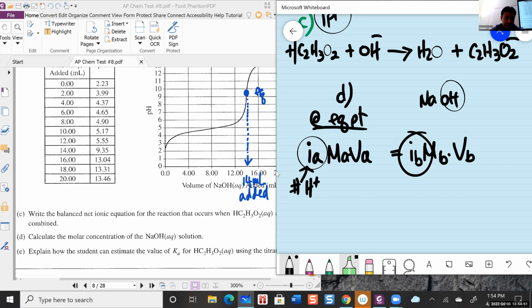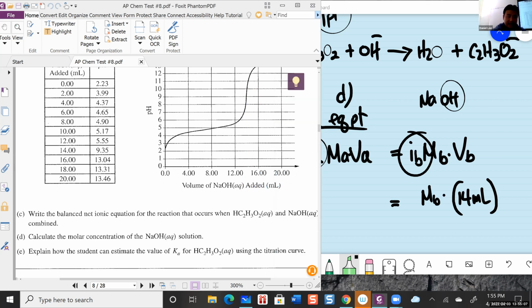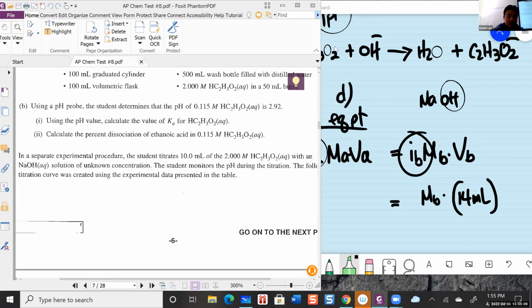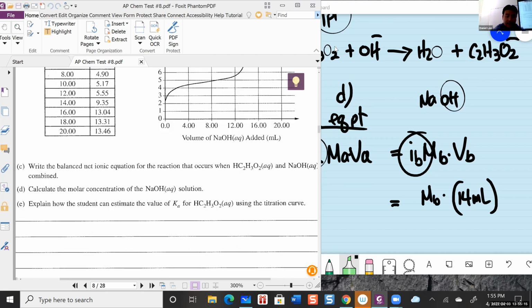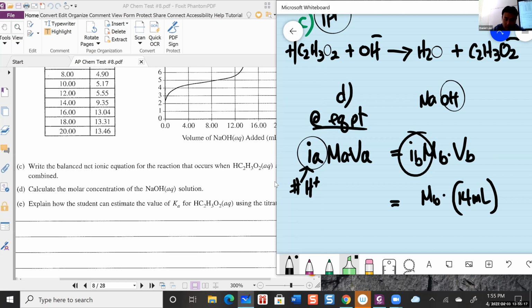So I'm just going to plug it in, right? The question tells me from the chart, I've added 14 mL of the base to become equivalent. What would be the molarity of the sodium hydroxide, right? And my acid, now I'm going to look at my acid portion. The acid is from before. Remember we had 2 molar, 10 mL. So you plug in 2.000 molar and 10.0 mL in here.